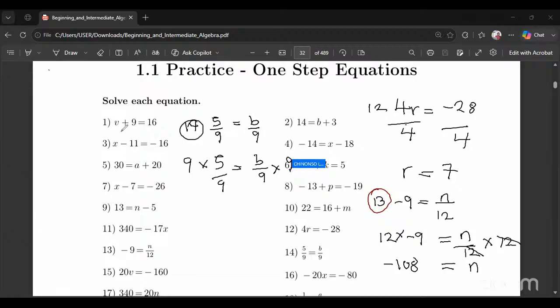Now, take note, this 9 cancels this 9 out, and this 9 here also cancels this out. So we're left with 5 is equal to b. When you have the same denominator, it's worth noting that the numerators will just be the answer. So by merely looking at question 14, I could tell that the answer would be 5. But I just needed to solve it to lay the foundation and make you understand this. So it's very easy to solve question 14.